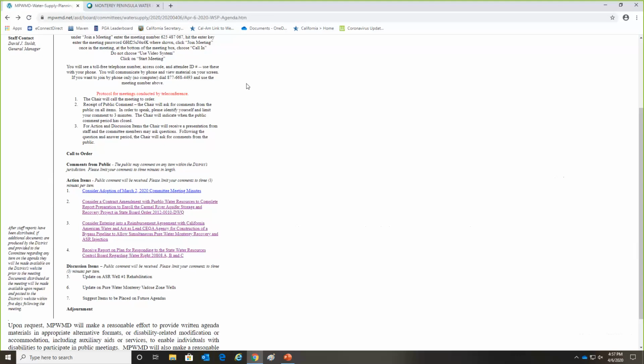In the discussions about the window we had to work with and how critical ASR 1 is as a source to recover the Pure Water Monterey water, it occurred to the team, the construction management, the driller and myself, that it would be prudent to move forward to Cal-Am with the onset of the pandemic.